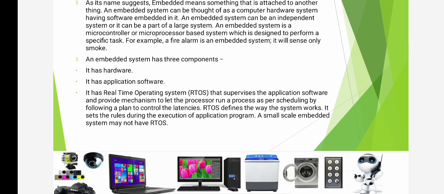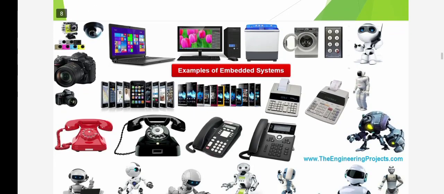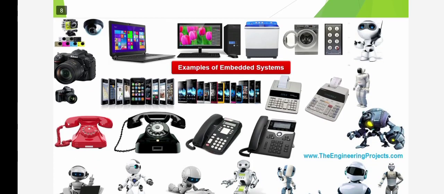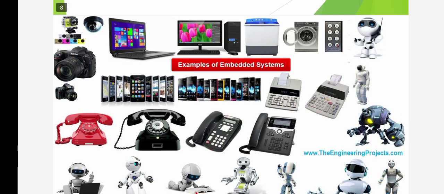RTOS defines the way the system works. It sets the rules during the execution of the application program. A small scale embedded system may not have an RTOS. Some examples of embedded systems are laptops, mobile phones, landlines, robots, CC cameras, etc.